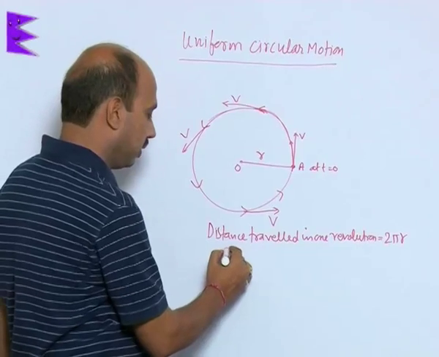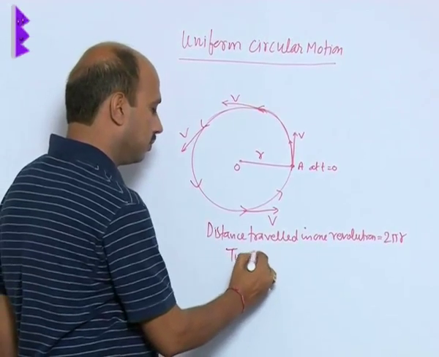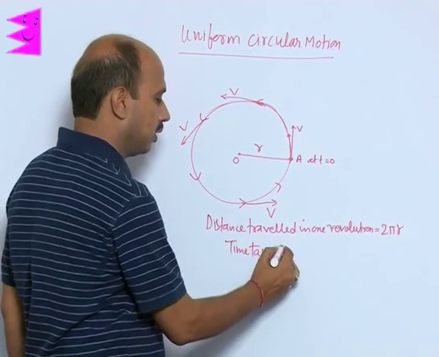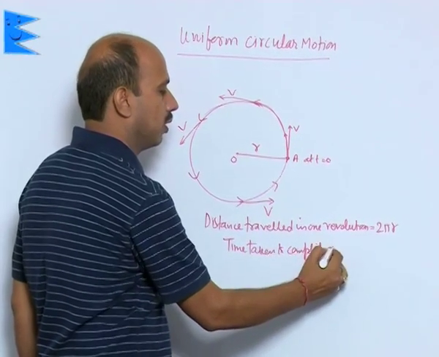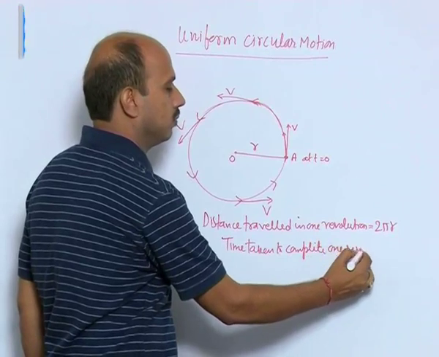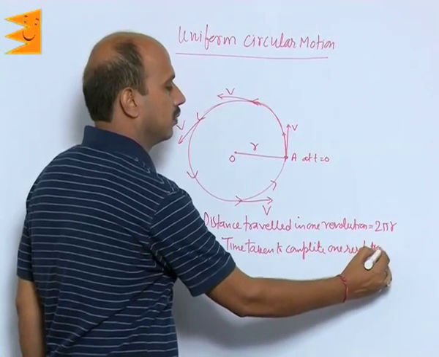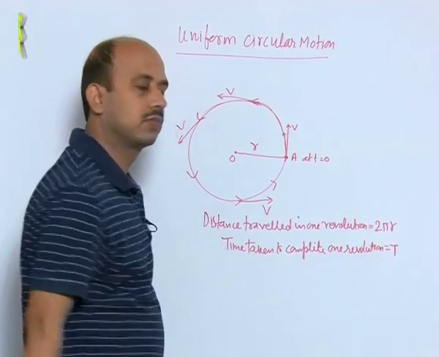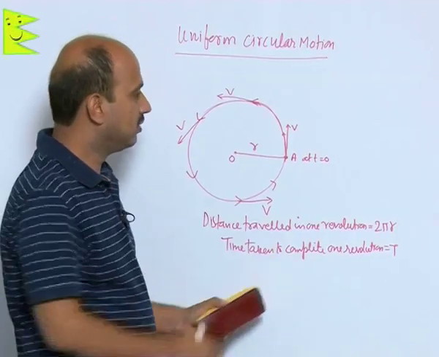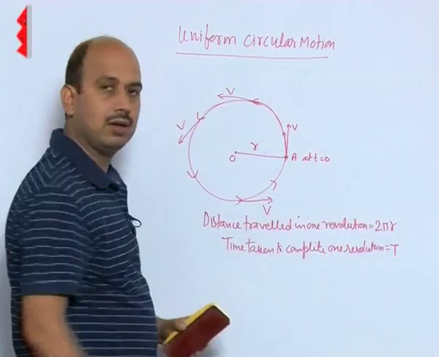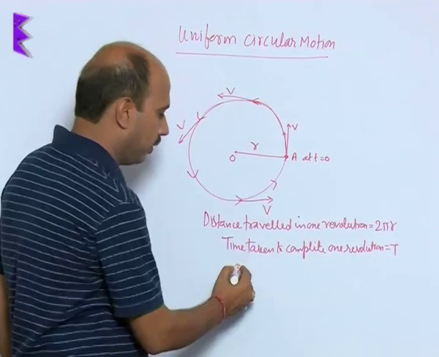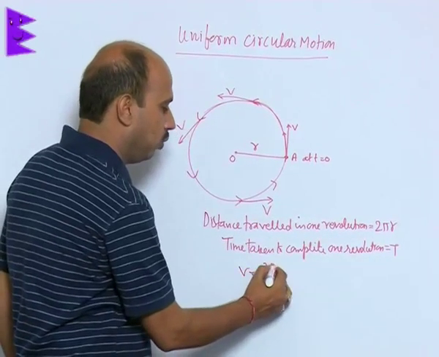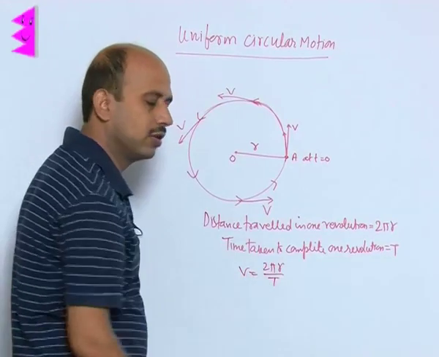Suppose the time taken to complete one revolution is t. So, total distance in one revolution is 2 pi r, and total time to complete one revolution is t. So, now you can calculate velocity easily, that is 2 pi r upon t, that is distance upon time.